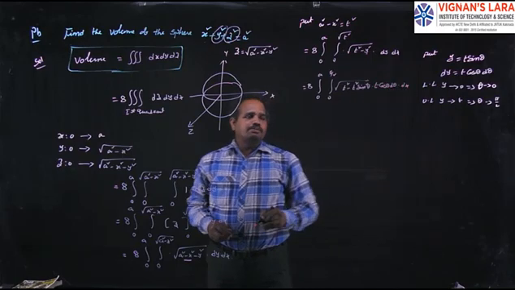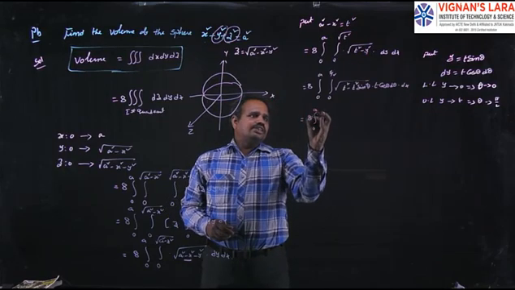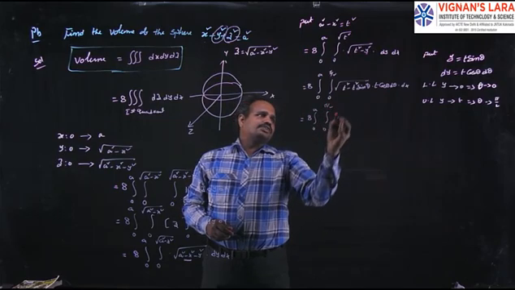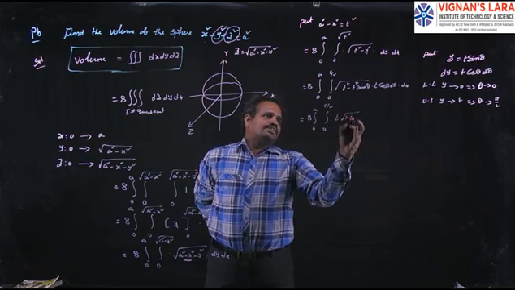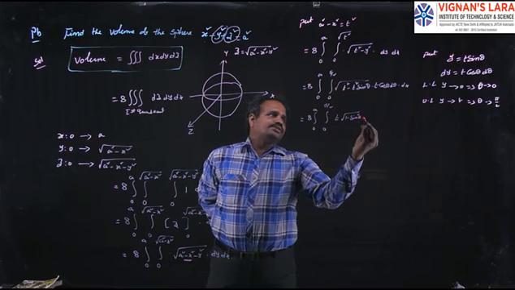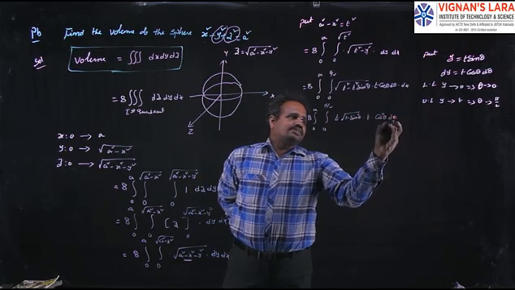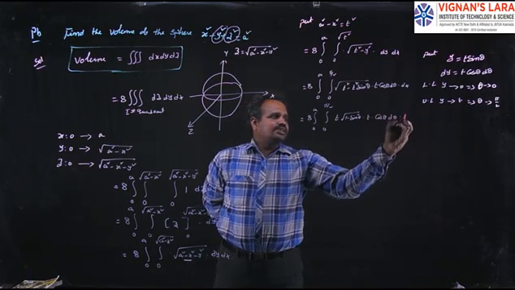At the end I will make the integration with respect to x, which is equal to 8 into integral 0 to a, 0 to pi by 2. Take out common t square, then this becomes t into under root of 1 minus sine square theta into t cos theta d theta into dx.